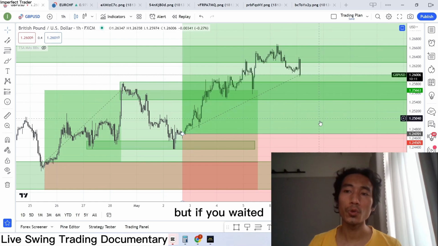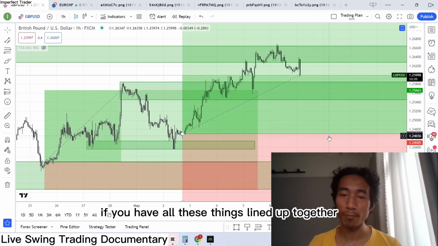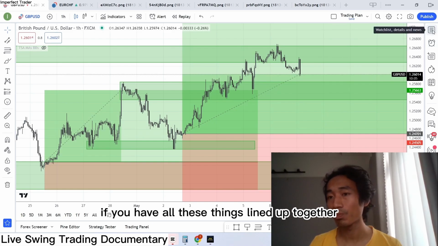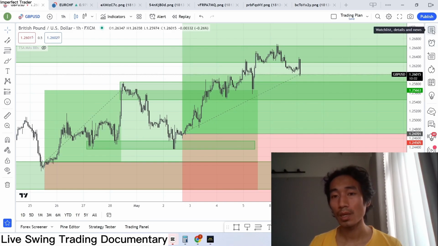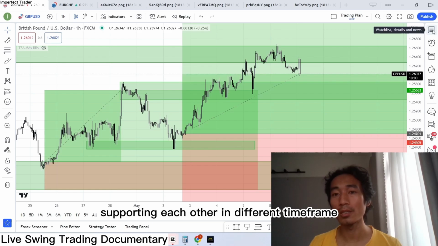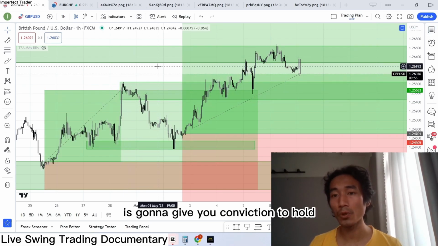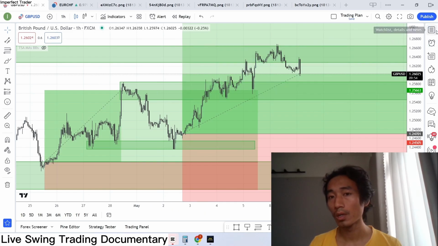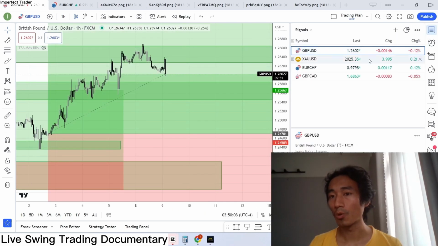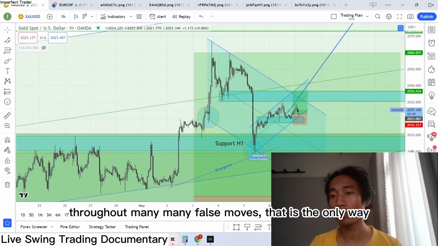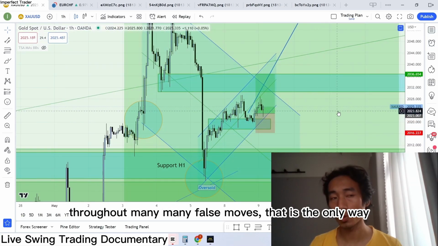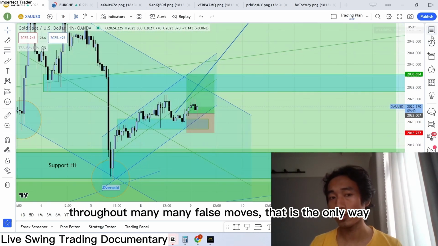But if you wait, if you have all the things lined up together in a picture supporting each other in different time frames, then this kind of confluence is going to give you conviction to hold throughout many market conditions. That is the only way.